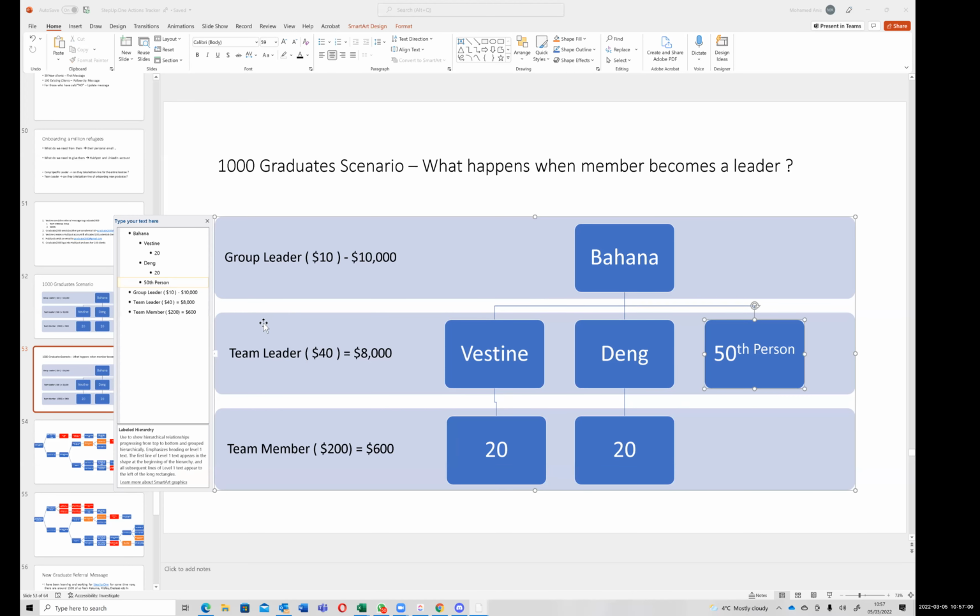I think that is a good point, Bahana. In fact, I think Westin will lose a lot of money if she becomes a group leader. Let's say she has 20 people working for her, and then she says, oh, I want to become a group leader like Bahana.